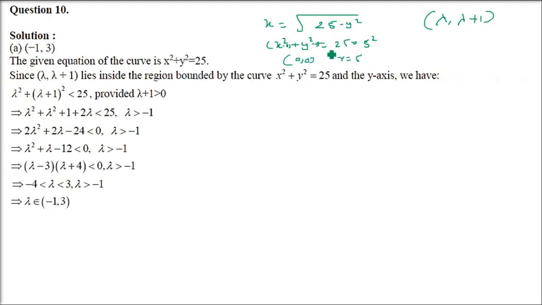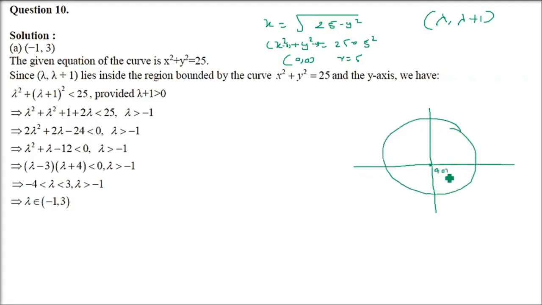So the center is (0, 0) and the radius is 5. Let me just draw it: the center is (0, 0) and the radius is 5.